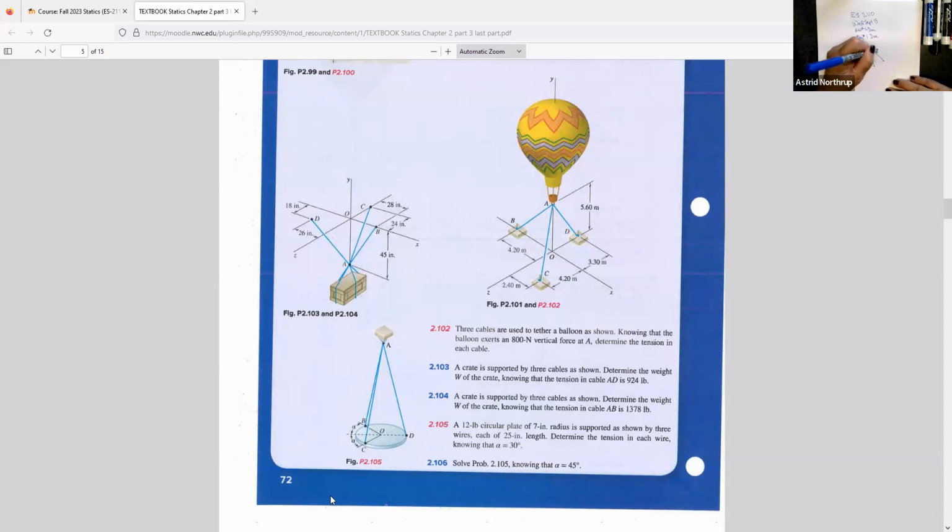All right, so these cables are each 25 inches in length, and their distance from the center, which is where I assume point O is, I assume that A is directly above O. 25 inches, 25 inches, 25 inches.